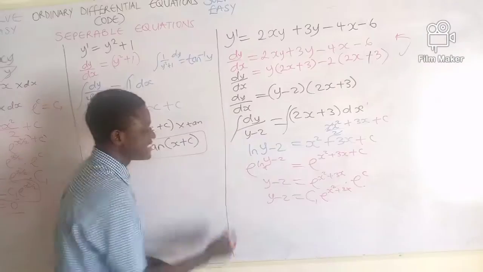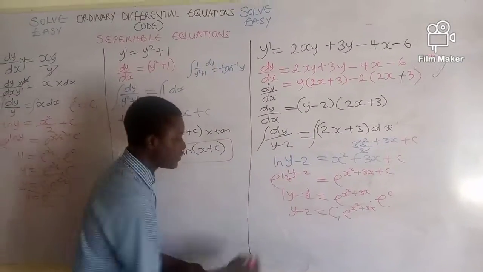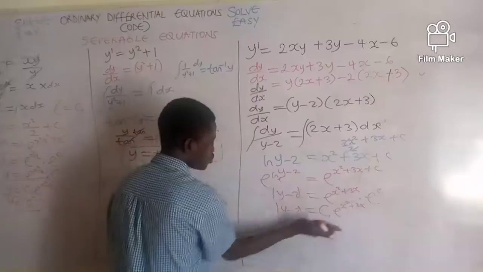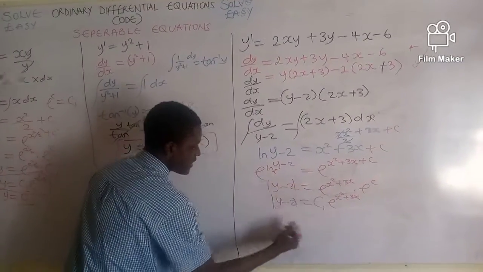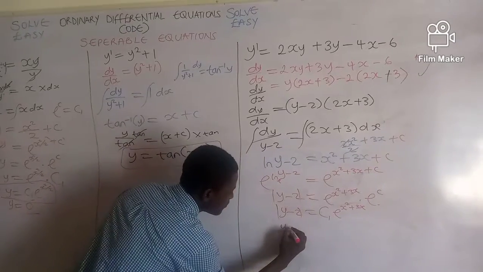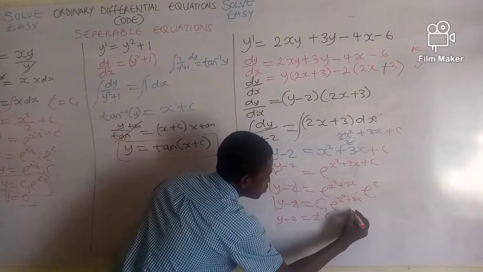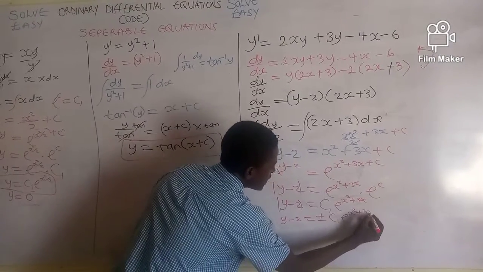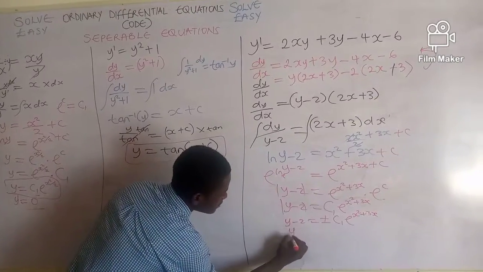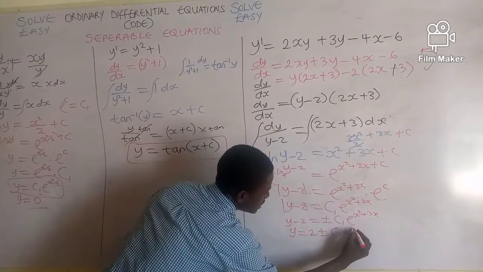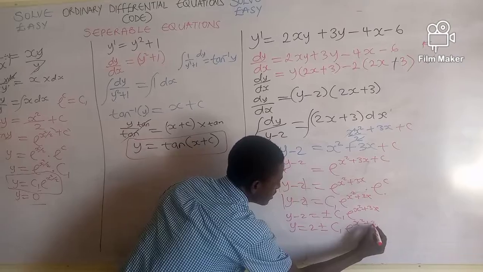Because most times this is written as an absolute value, we can say both sides are plus or minus what we have on the right hand side. We have y minus 2 equals plus or minus c1 times e to the power of x squared plus 3x. Carrying minus 2 to that side, y becomes 2 plus or minus c1 e to the x squared plus 3x.